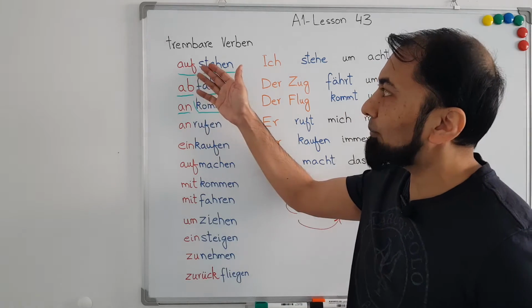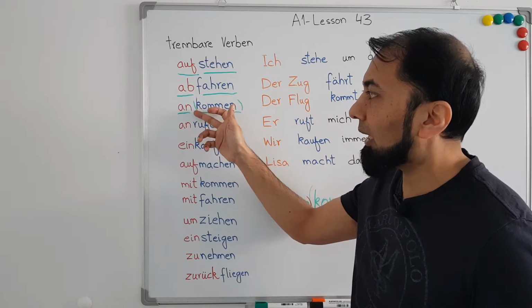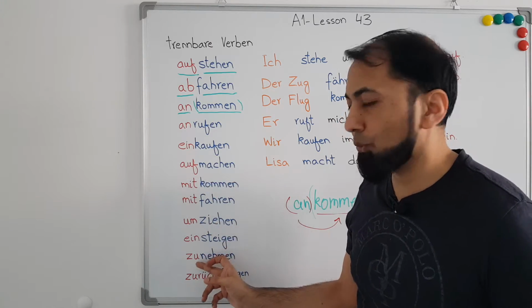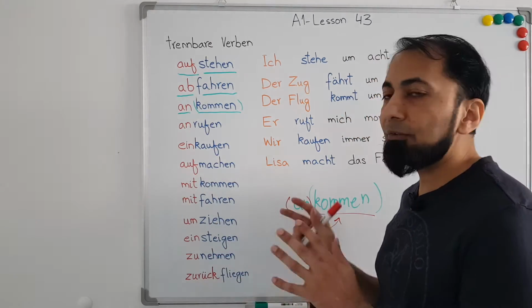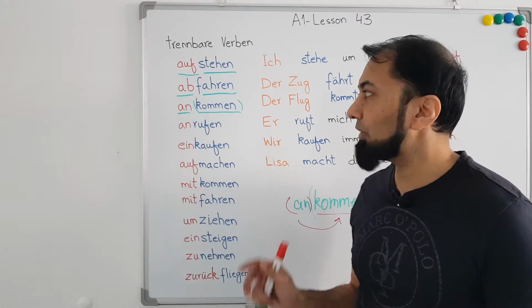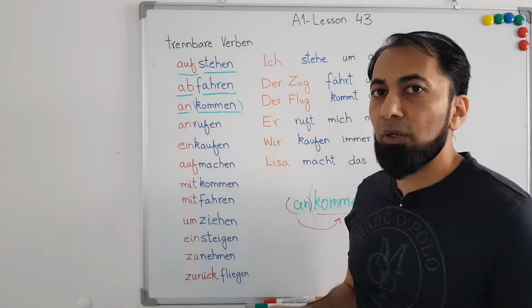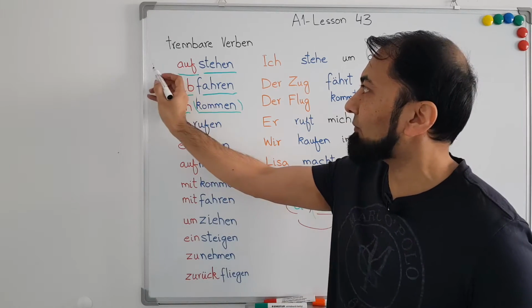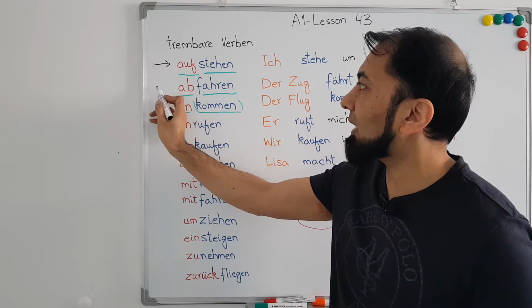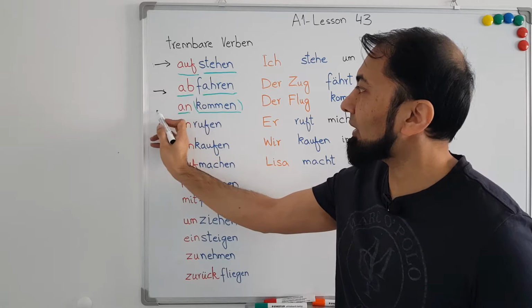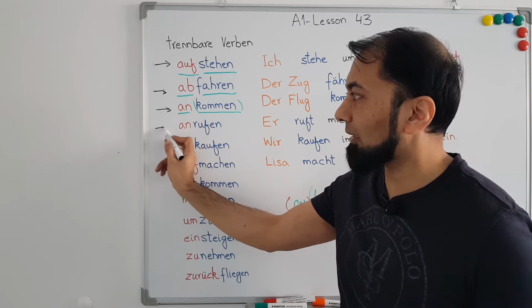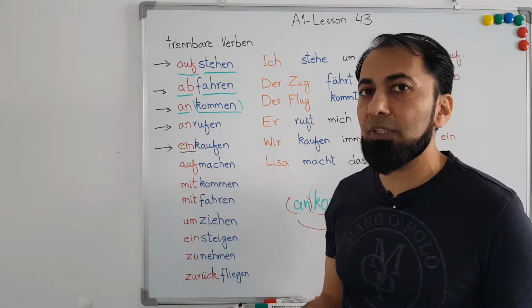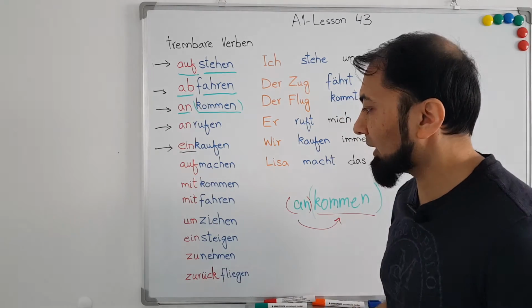So the prefix can be auf, ab, an, ein, mit, zu, zurück. These are only a few prefixes which I have listed here. Now, if you look at this list of separable verbs, you will see that at the first position we have a small preposition in most of the cases, but not in every case, because here, for example, we are using ein, which is not a preposition.